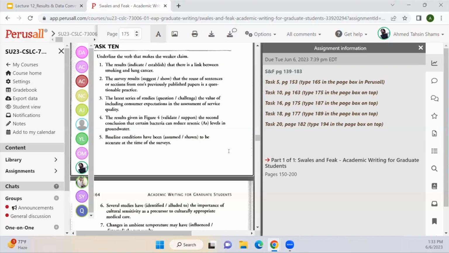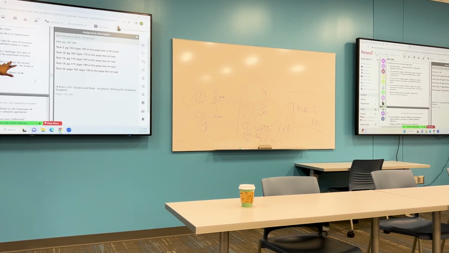Let's see all these examples. If you use challenge, that's boosting. If you use question, that's hedging. If you use validate, that's boosting. If you use support, that's hedging. It's called a stronger claim and a weaker claim. So now we are selecting the weaker claim, the verb that softens the claim.